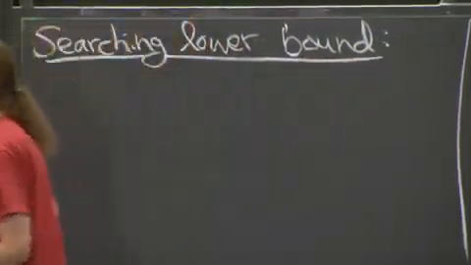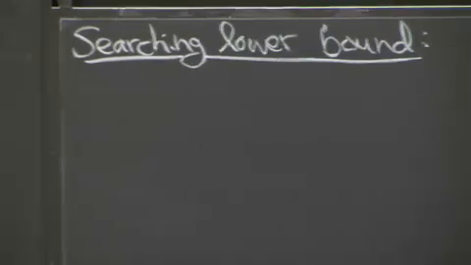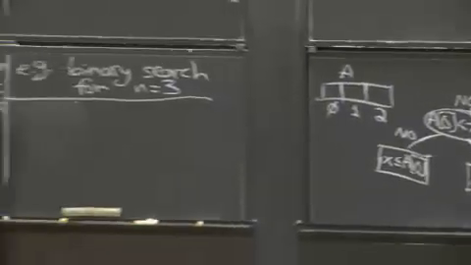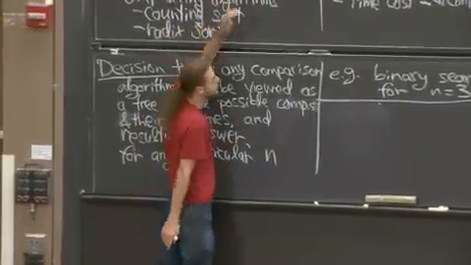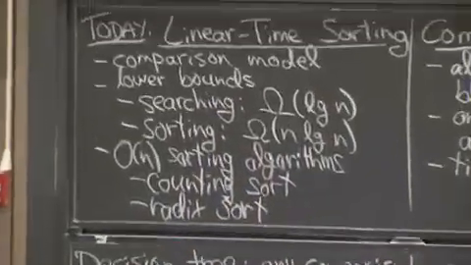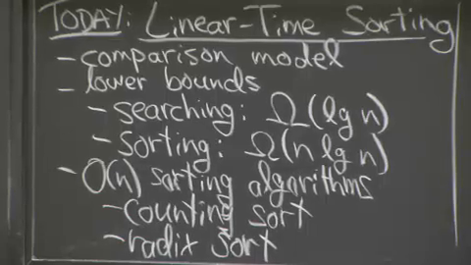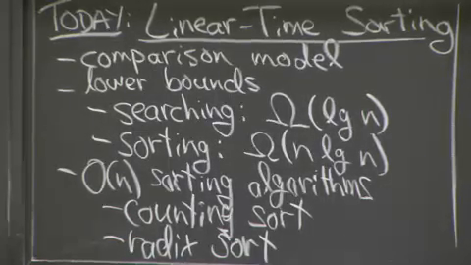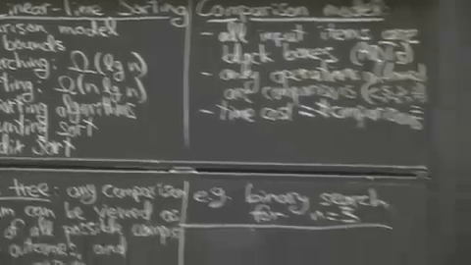So I claim that for searching, maybe I should define the problem a little more formally. I want to claim a log n lower bound. So let's say for searching, I have n pre-processed items.